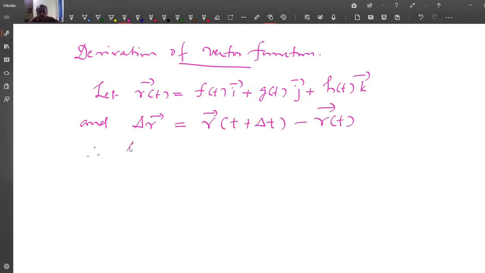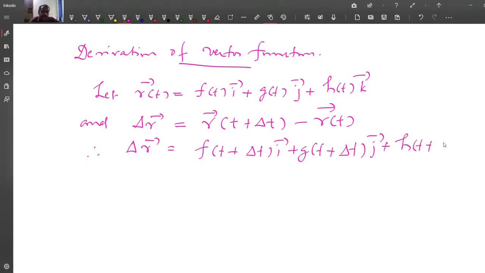Therefore, delta r is equal to f of t plus delta t i plus g of t plus delta t j plus h of t plus delta t k minus f of t i plus g of t j plus h of t k.